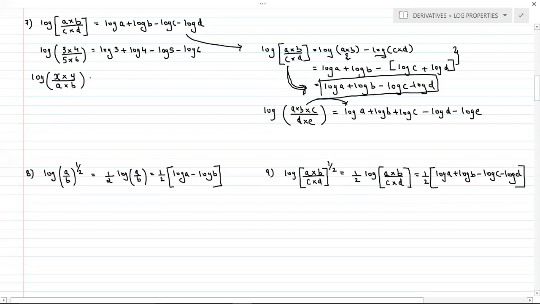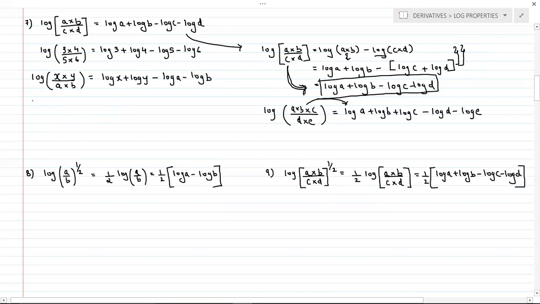Here in the numerator there are two terms, so it can be written as log x plus log y. And directly we can write the denominator term as log a minus log b. So there is no need to explain these two steps. So directly we can write our answer.